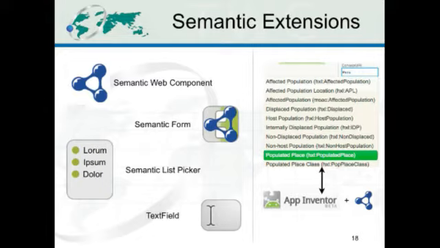And the next thing here is the semantic list picker. The idea here is that it runs a SPARQL query. So given a concept, fourth person, go to an endpoint, run a SPARQL query that is essentially select all objects of this type, right? So select all fourth person instances.